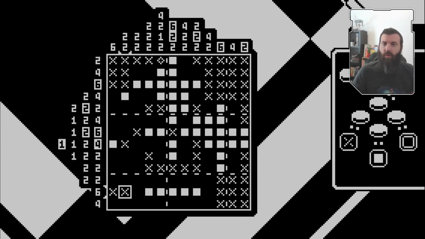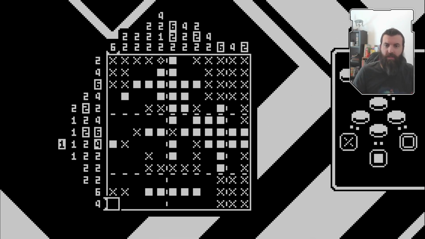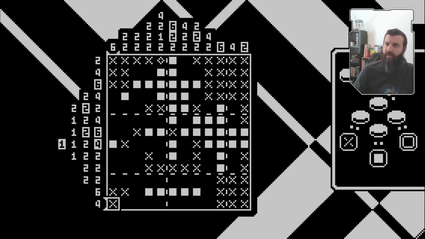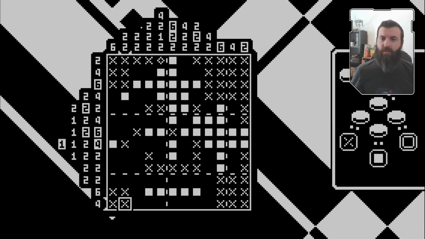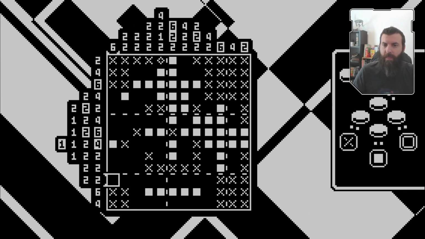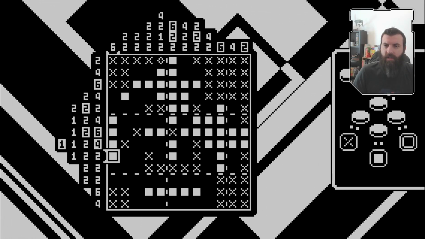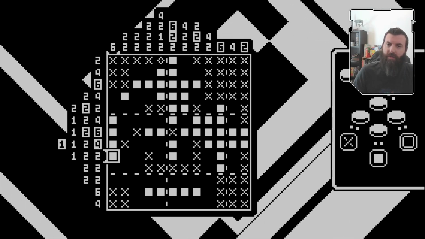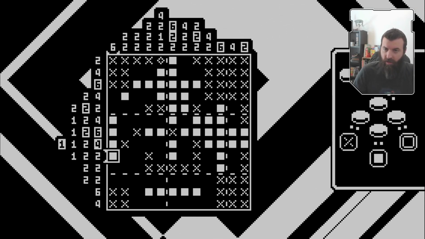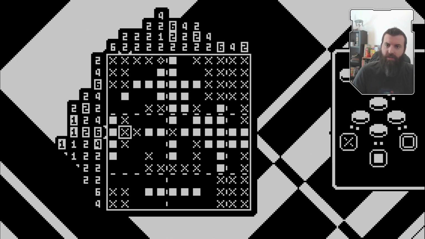6 has only one wiggle. That means you can't fit a 6 vertical column, can't fit a 2 here. That means that our 6 vertically would have to come to here. That gives us a left edge to work with.